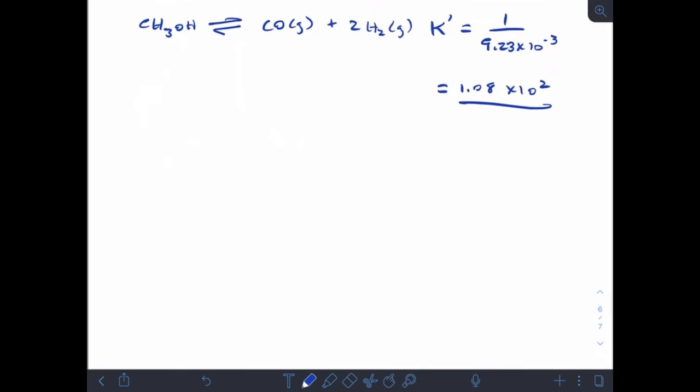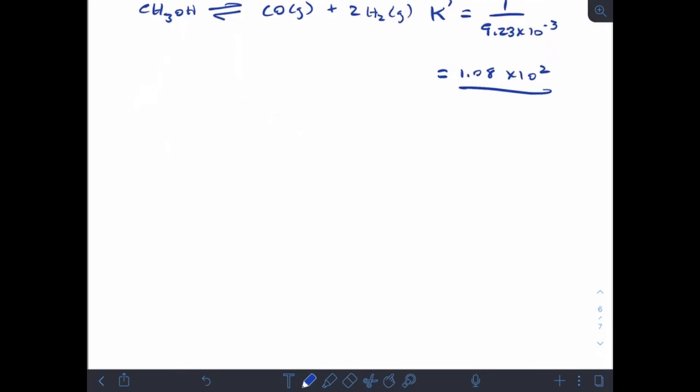All right, the next thing to highlight in your notes, when you multiply an equation, raise K to that power.